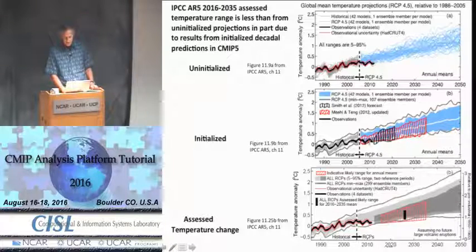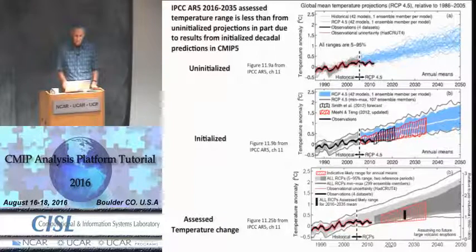That's because you're initializing them in an initial state that's somewhat cooler, because the rate of surface temperature rise and the rate of global warming has slowed down somewhat. And then we tried to come up with an assessed range of what the temperature projection would be for this 2016 to 2035 time period.